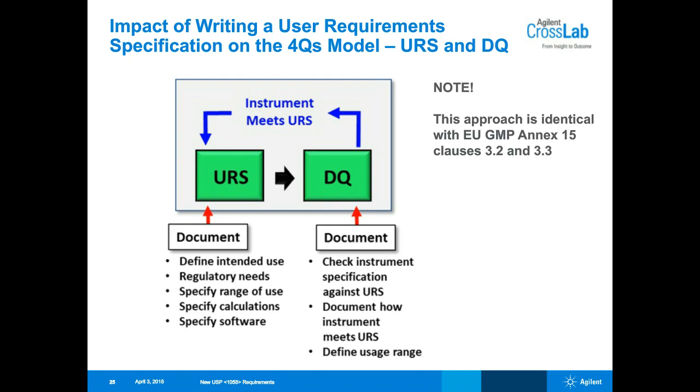But actually, that is consistent and identical with Annex 15 in European Union GMP on qualification and validation. If you look in clauses 3.2 and 3.3, you'll see user requirement specification followed by design qualification. So we have harmonization with USP and EU GMP.